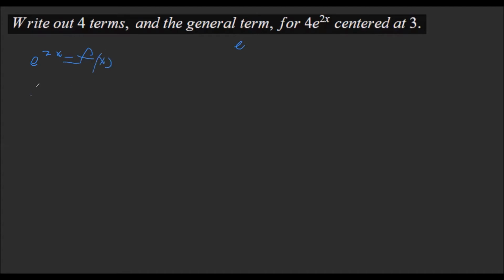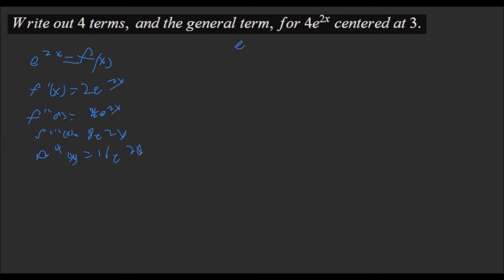Now, that means that f prime of x is 2e to the power of 2x, whereas f double prime is 4e to the power of 2x. f triple prime being 8e to the power of 2x. And f quadruple prime of x is equal to 16e to the power of 2x.